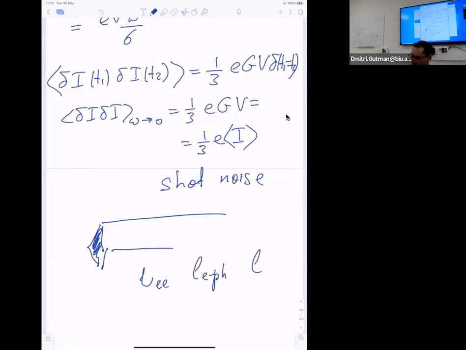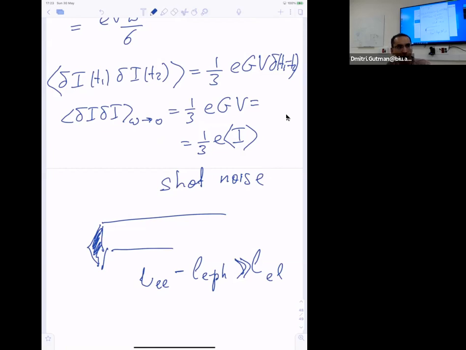So if this thing is longer than the elastic length, then there's a universal relation between electron-electron and electron-phonon lengths, so that knowing this number, you can see if it agrees or not. So it's a nice exercise for experimentalists, if experimentalists can measure the noise.